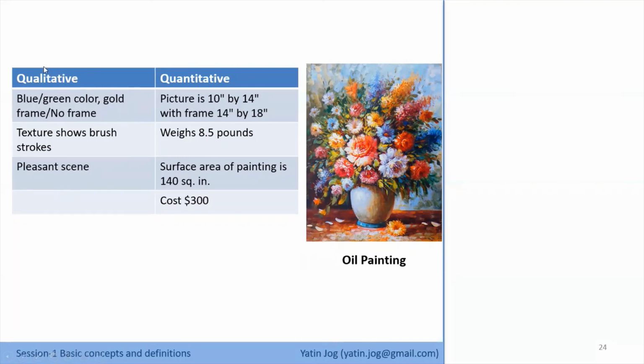What I'm talking about is qualitative data. But for the same oil painting, if I'm talking about what is the size of the frame, what is the weight of the frame, what is the surface area, what is the cost, then I'm talking about quantitative characteristics of the same object, oil painting. So it depends on what type of problem you're trying to solve, what kind of analysis you want to do. You are free to select either qualitative parameters of that object or quantitative parameters of that object.